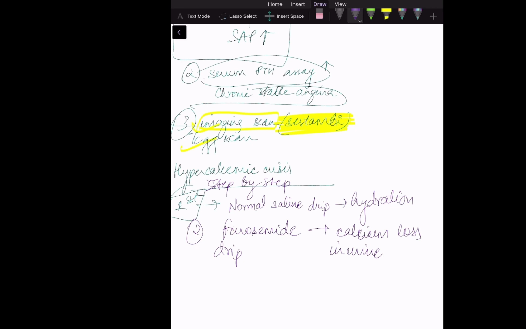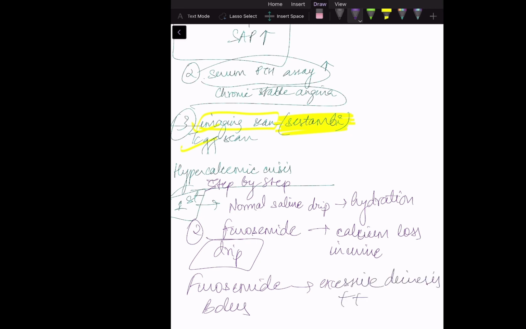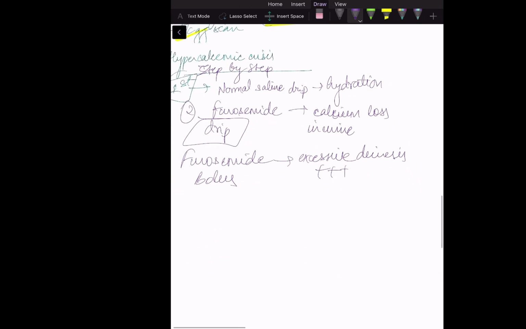But there are two different things: furosemide drip and furosemide bolus. In furosemide bolus there will be excessive diuresis, which will make water loss from the body and elevate the calcium levels.